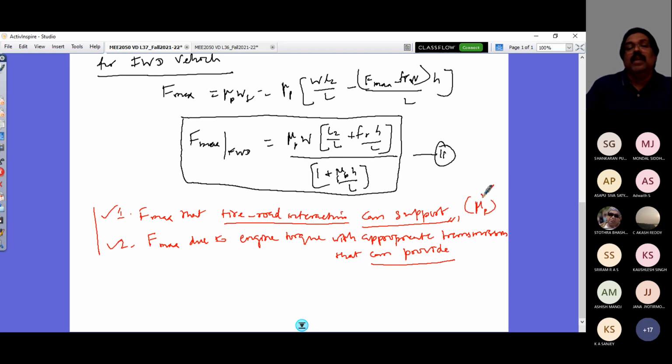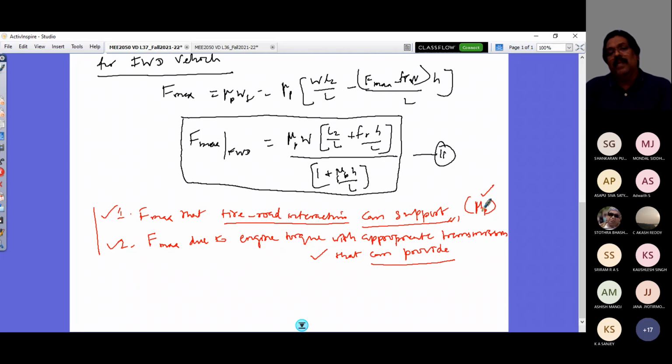On the other hand, in high gears, upper gears, I have my direct drive equivalents. In such cases my vehicle speed is higher, and at higher speeds the engine torque output is going to be smaller than what can be provided by mu times W. If I take a good rough surface road that is not slippery, generally mu times W will be the limiting factor at the low gears.